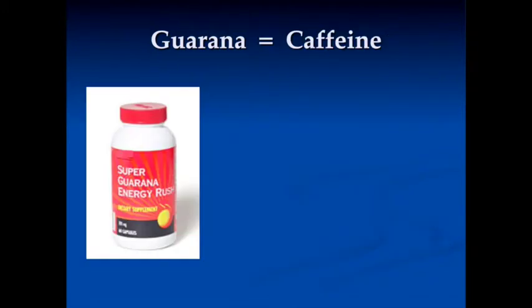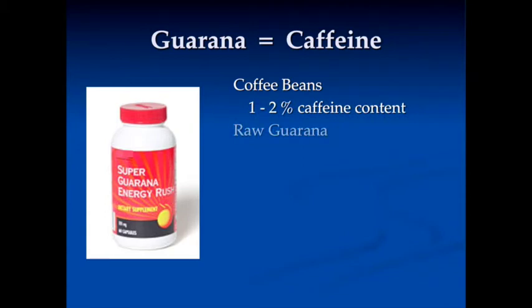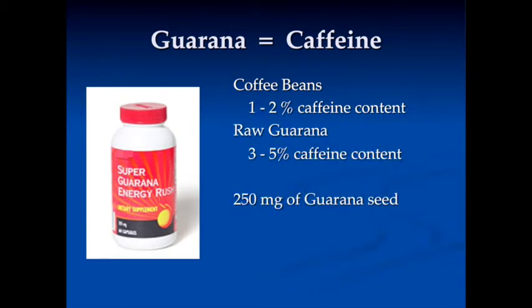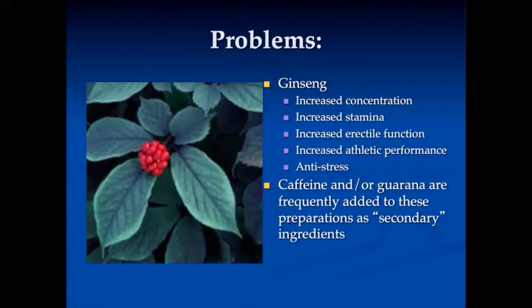When we talk about coffee beans and we ground up coffee beans, about 1 to 2% of the mass of a coffee bean is caffeine. With guarana, crushing it up, about 3 to 5% is caffeine. And so 250 milligrams of guarana seed is equivalent to about 90 milligrams of caffeine. And so, you've got these people that are taking guarana.